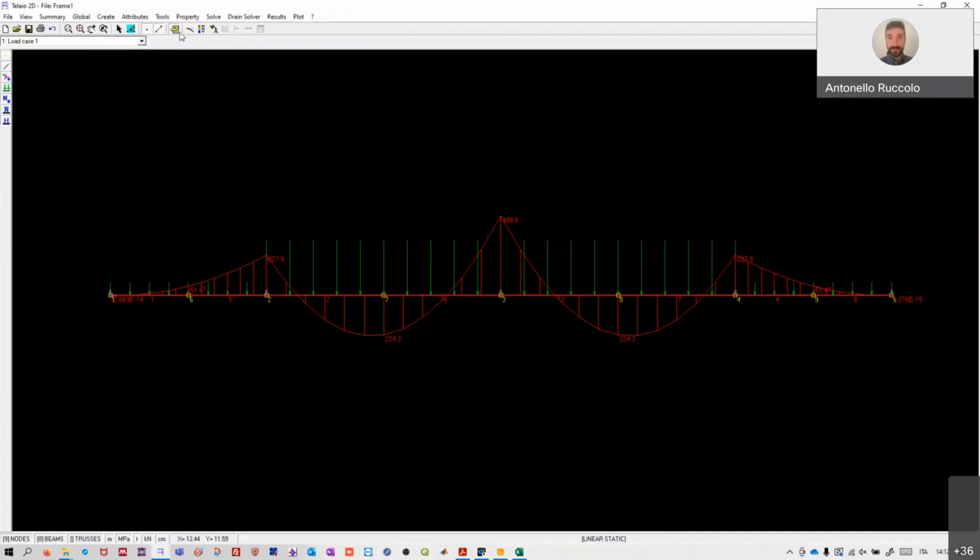But is it the worst case we can expect for the bending moment in the second beam? Because when we design, we have to foresee the worst case scenario. So let's remember 224.